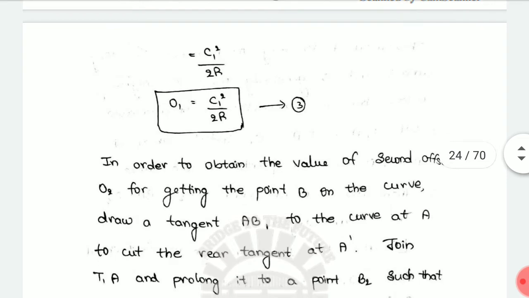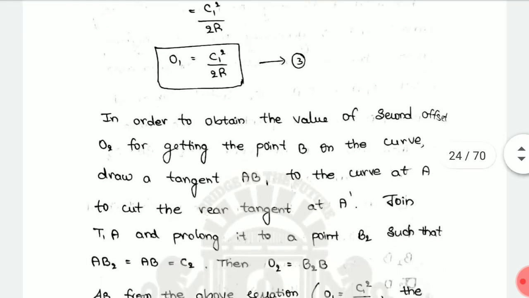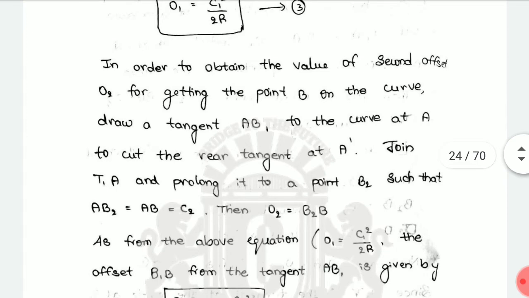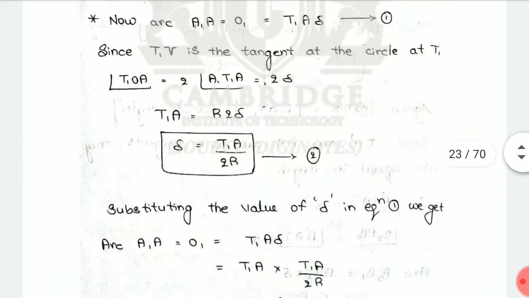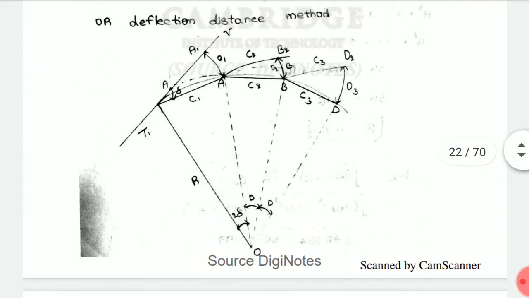In order to obtain the next offsets, for getting the point B on the curve, draw the tangent AB1 to the curve at A to cut the rear tangent. Join T1A and prolong it to a point B2 such that AB2 is equal to AB, which is small c2, the second subchord.